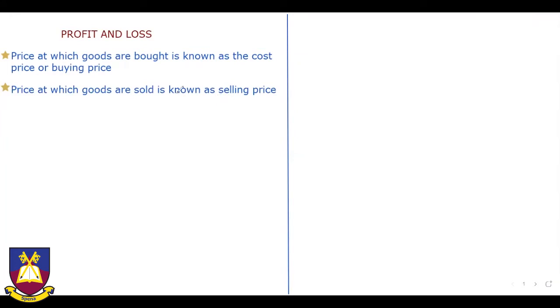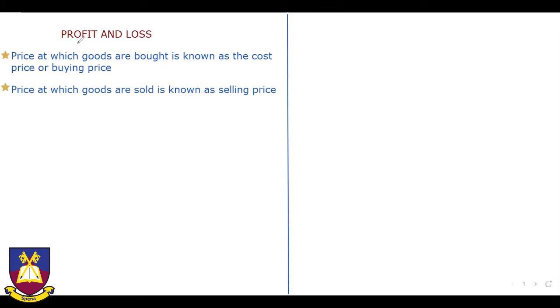Another concept we need to understand is when do we make a profit and when do we make a loss. When a trader or a seller sells a commodity at a price higher than the one he bought it, then the seller has made a profit.